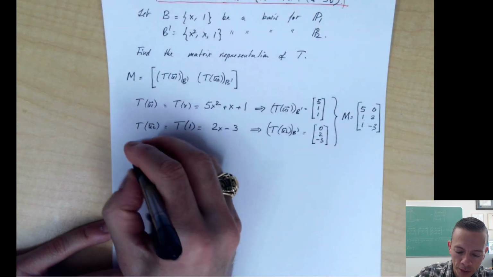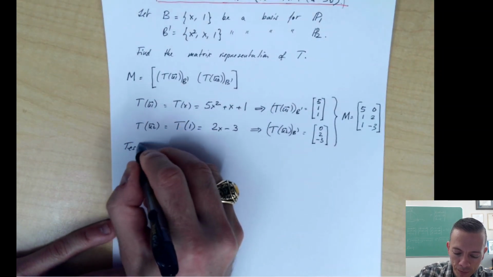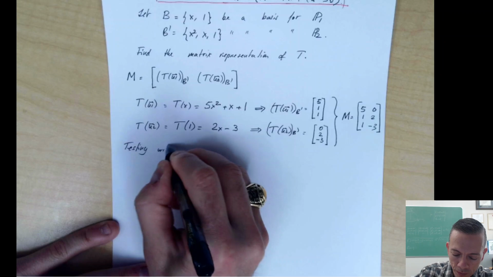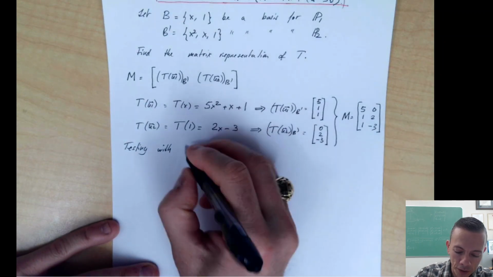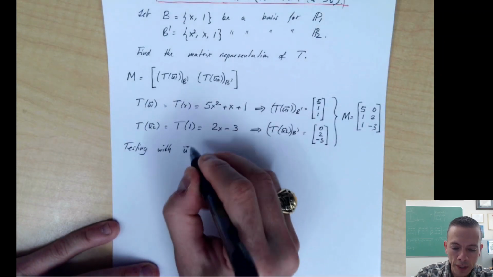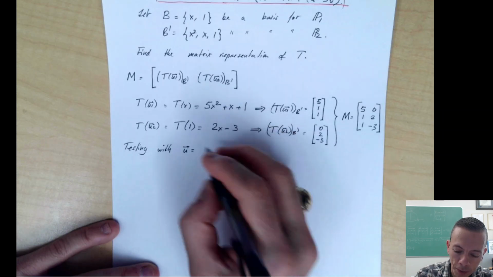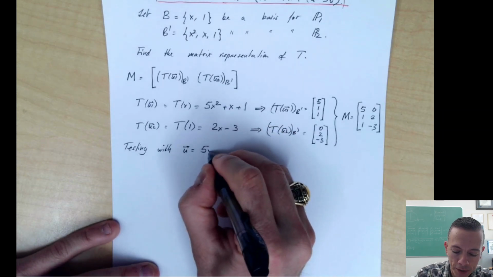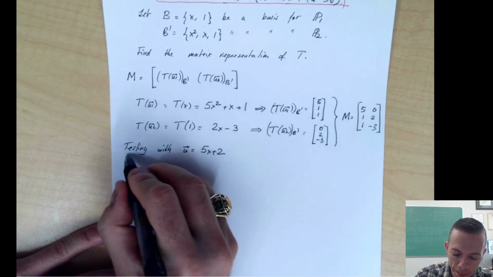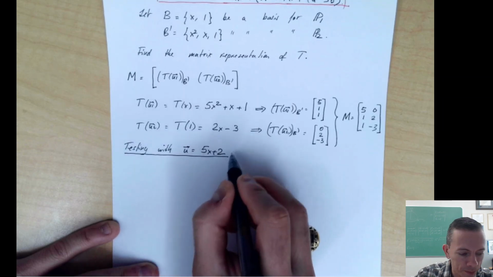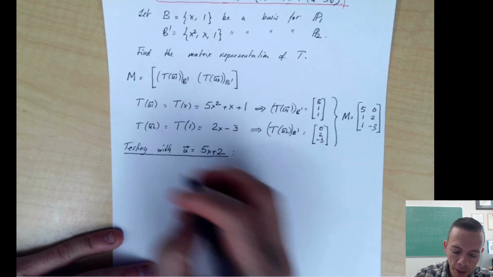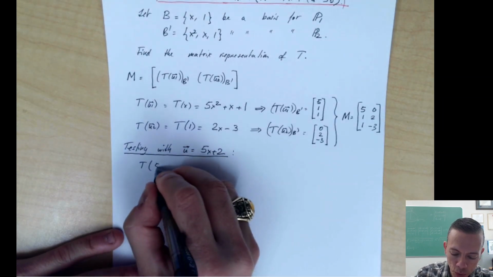So we can do a test run. Let's take a vector u in P1 completely arbitrarily. Let's pick the one 5x plus 2. So let's take the image of 5x plus 2.